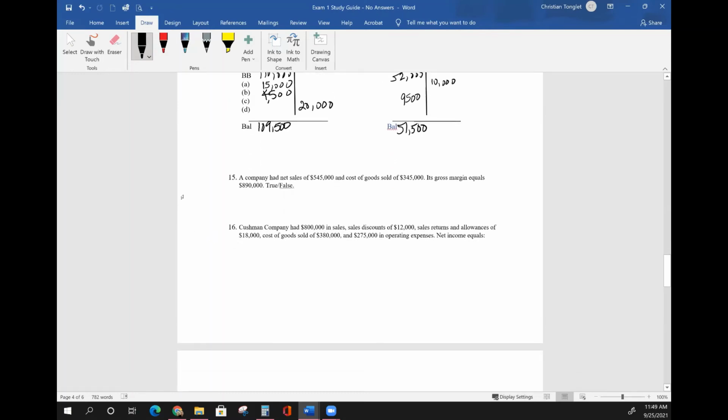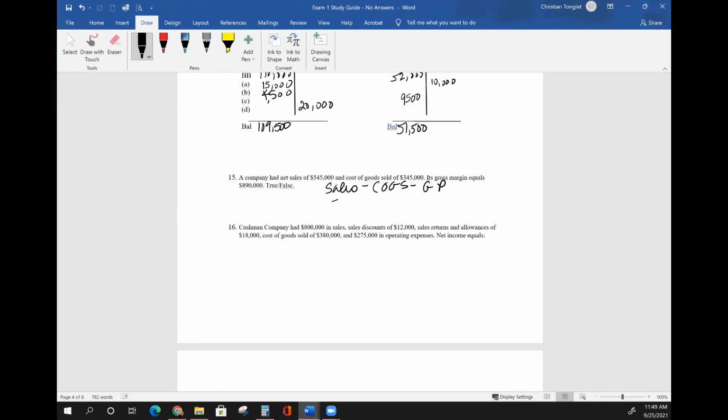Okay, number 15. A company had net sales of 545,000. Cost of goods sold 345,000. Its gross margin equals 890,000. Is this true or false? We know sales minus cost of goods sold gives us our gross profit, right?